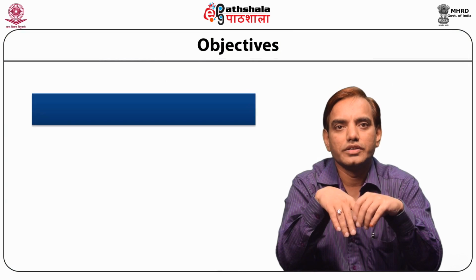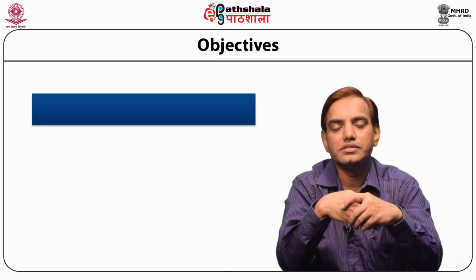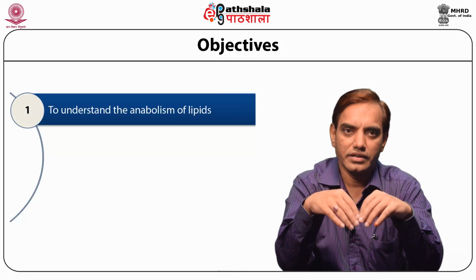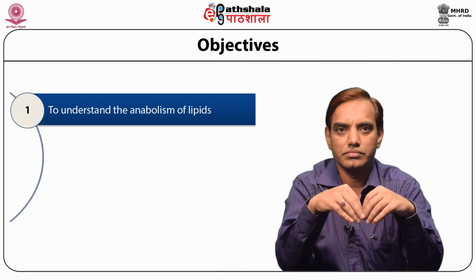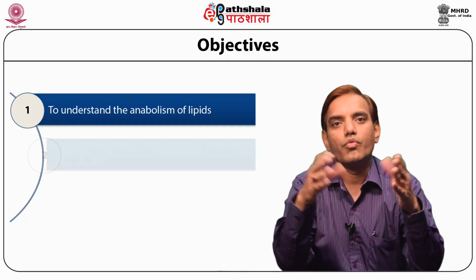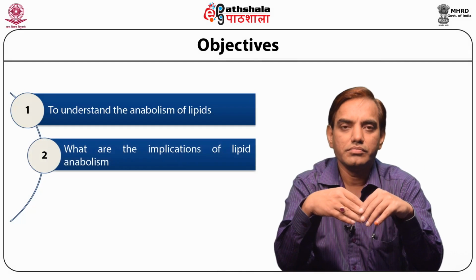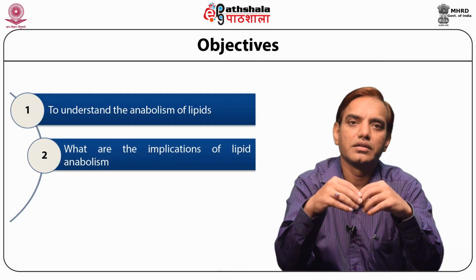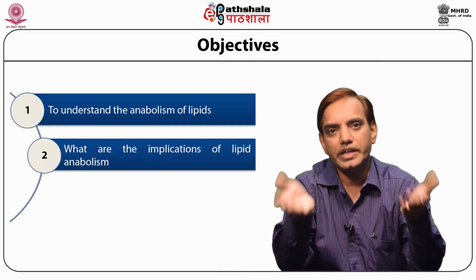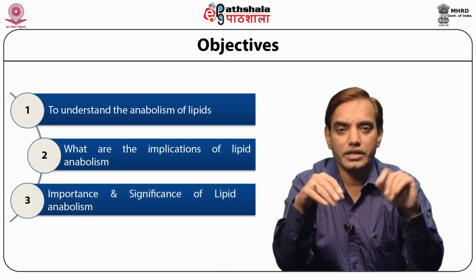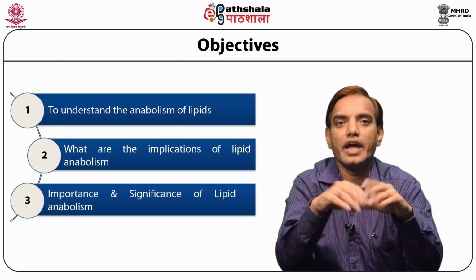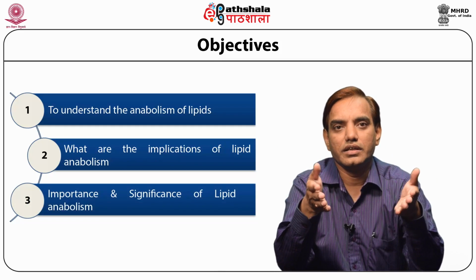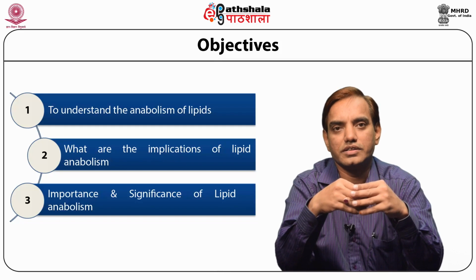Under this anabolism, the objectives of today's lecture are to understand what is anabolism, what are the implications of lipid anabolism, and how lipid anabolism is important and what its significance is as far as the life of an organism is concerned.